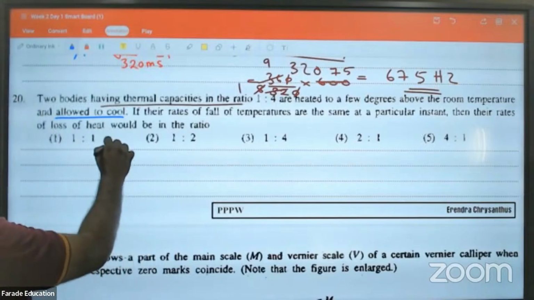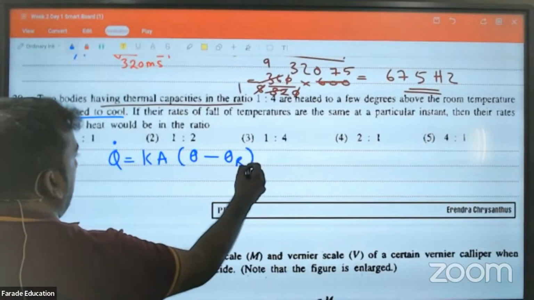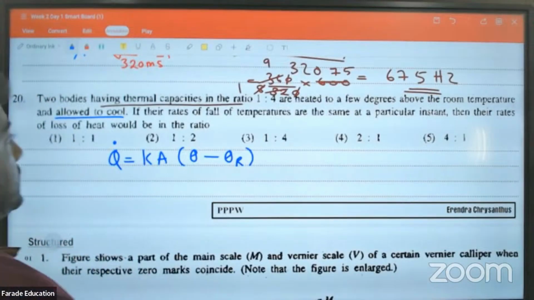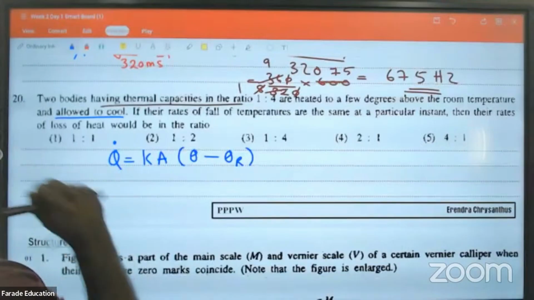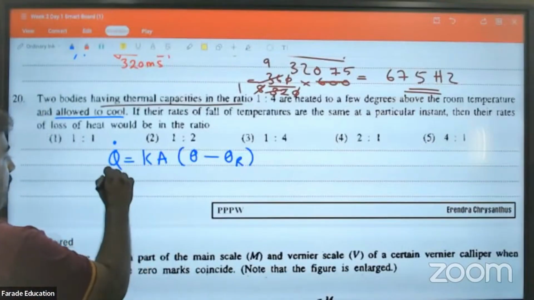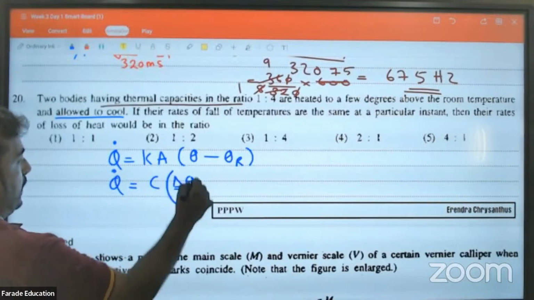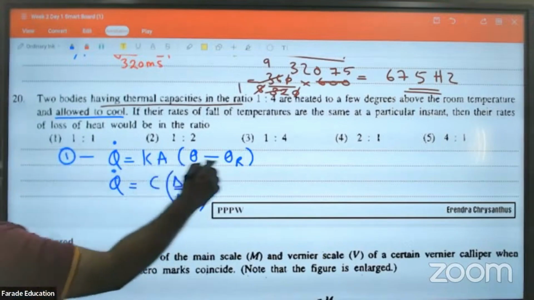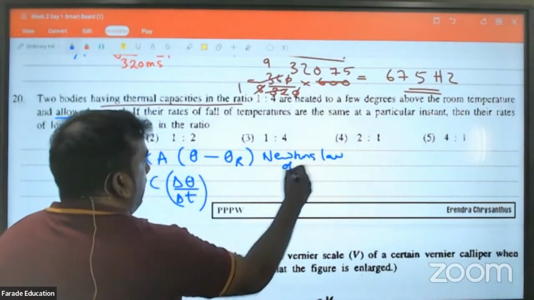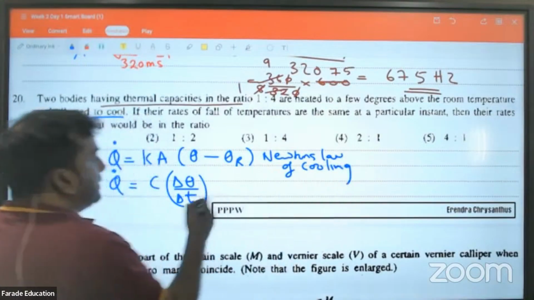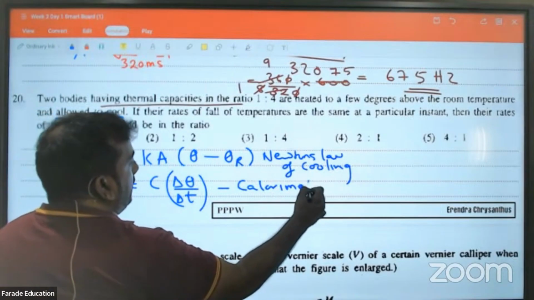What do you mean by rate of loss of heat? K times A, theta minus theta R. If their rates of fall of temperature are the same, also you can say Q dot is equal to C delta theta divided by T. So this equation is from Newton's law of cooling, and this equation is from calorimetry.